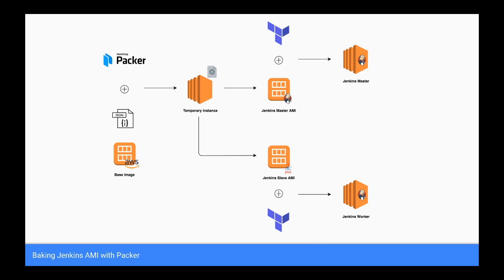Also, we will install all the necessary Jenkins plugins and dependencies, and finally, we will bake a new AMI. Similarly, we will create a new temporary instance and we will provision it to install the needed requirements for a Jenkins worker, which is the Java JDK and the git command. Once the AMIs are baked, we will use Terraform to create the infrastructure based on those AMIs. So enough with talking, and let's get started.